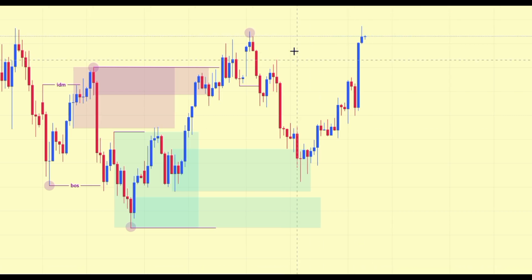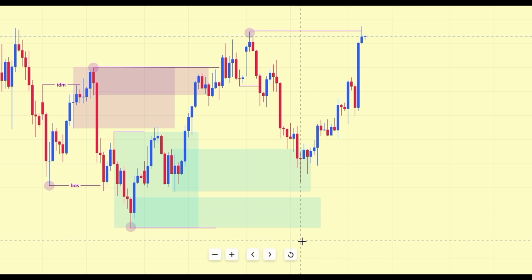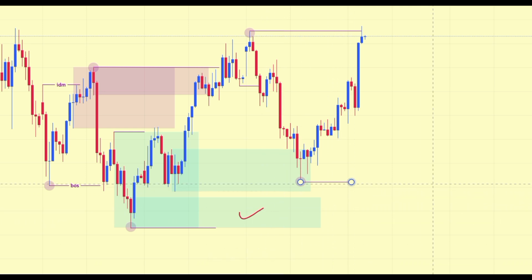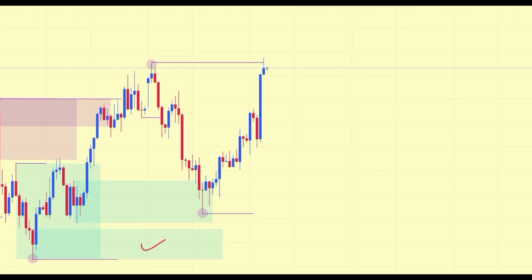And exactly right here, price breaks past our previous swing point right there. So this means that we are currently in a new trading range, with this one here being the low of that trading range. This means that this order block is no more valid because we are currently in a new trading range.